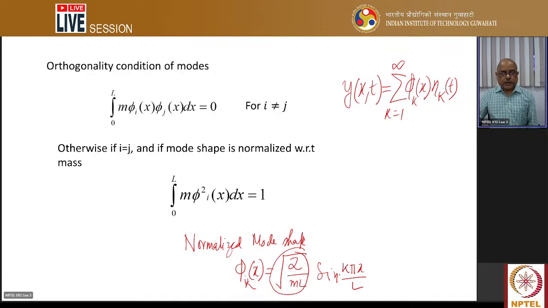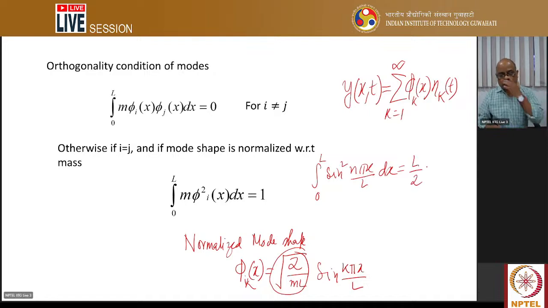If these mode shapes are used with this coefficient, then we get this integral equal to 1, because the integration of sine squared n pi x by L dx from 0 to L is always L by 2, because sines and cosines are orthogonal functions.